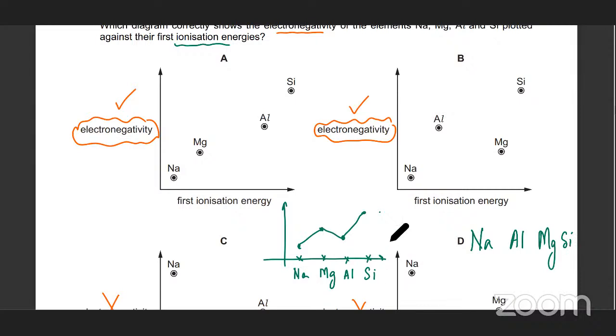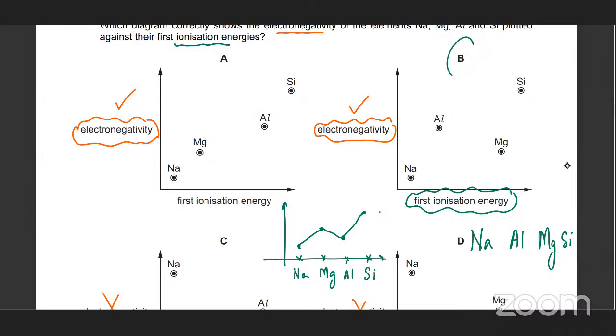So this is going to be the order on the horizontal side. Na would have the least, Si would have the highest. The second highest would be Mg, and the third highest would be Al. So Na, Al, Mg, and Si.